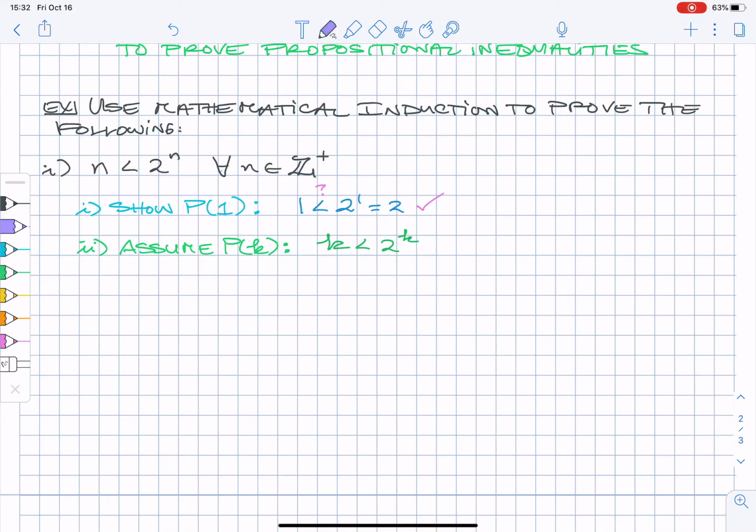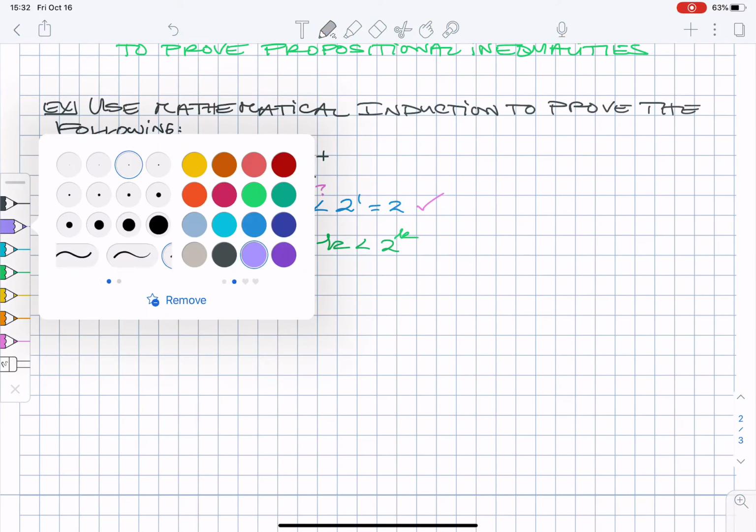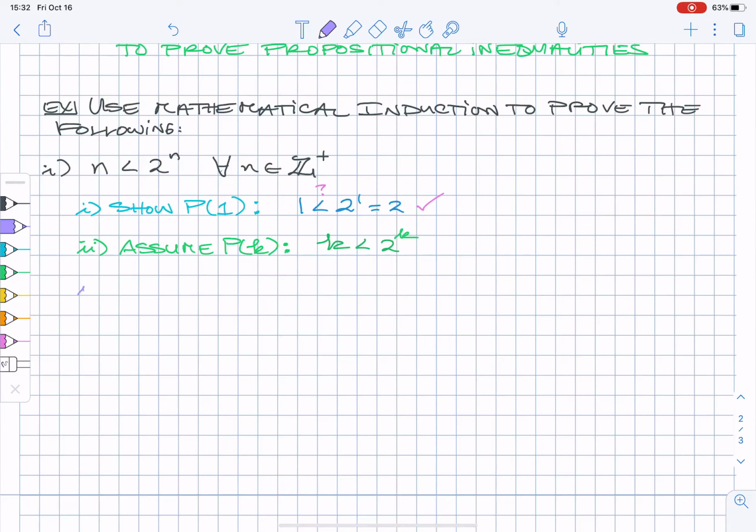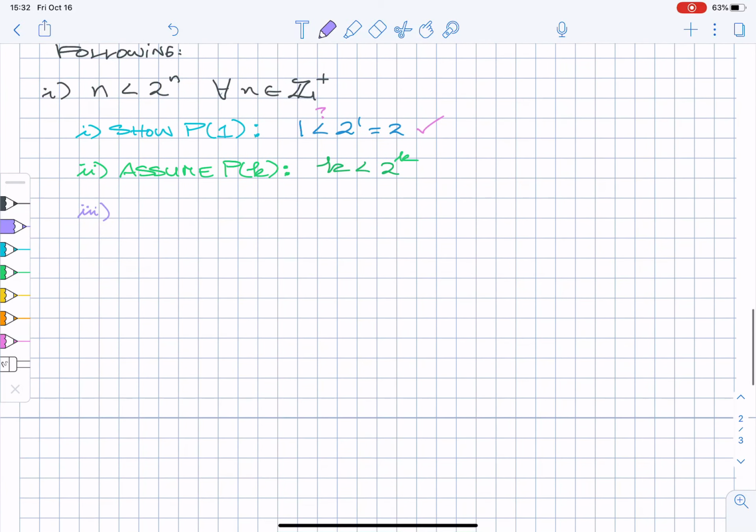And now the inductive step. 2 to the k. Did that erase? It did erase. So the induction step in solid, not dashed. So show p at k plus 1. Okay.